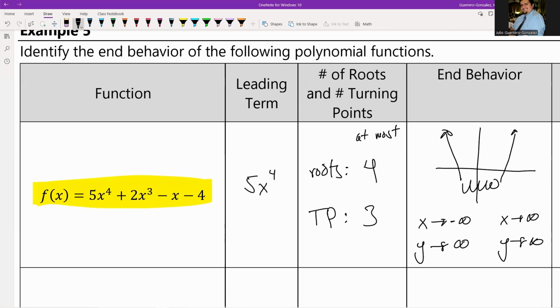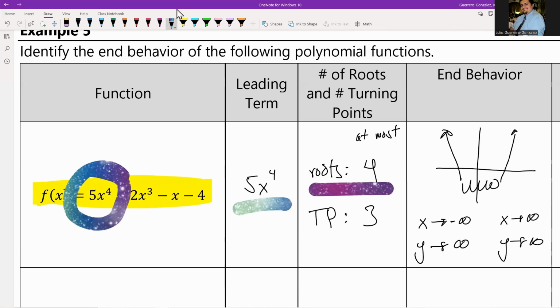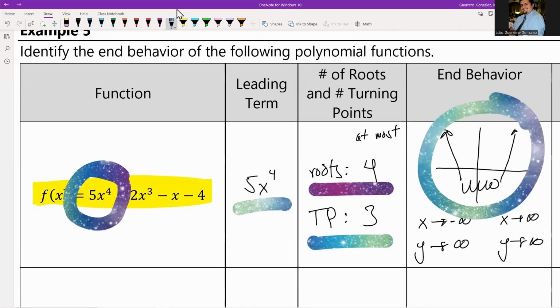We have a general idea of what our graph is going to look like. Because of that leading term, we know that there's going to be at most 4 roots, at most 3 turning points. The graph is going to look like this, and our end behaviors are going to be like that.